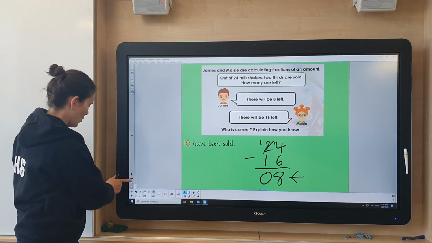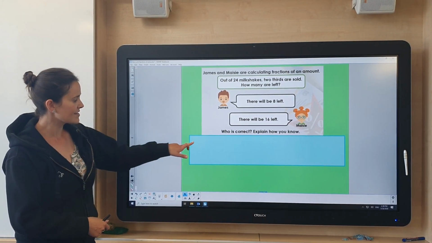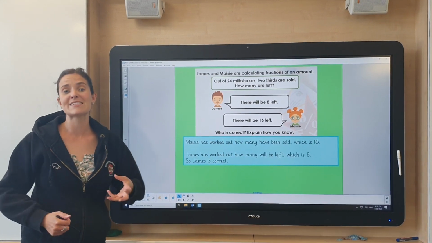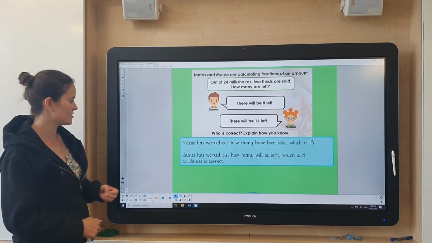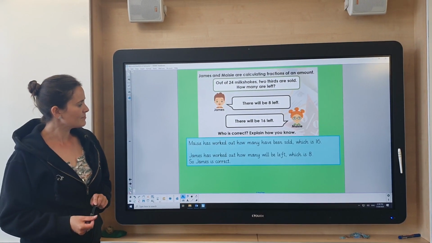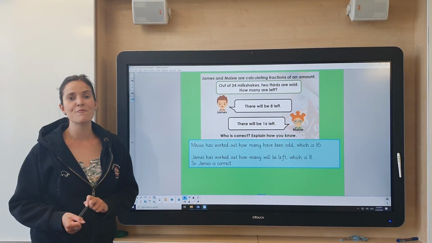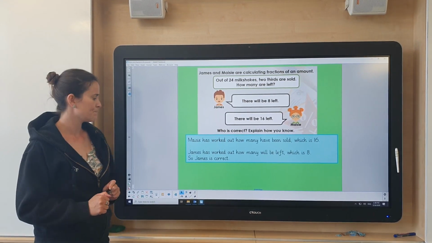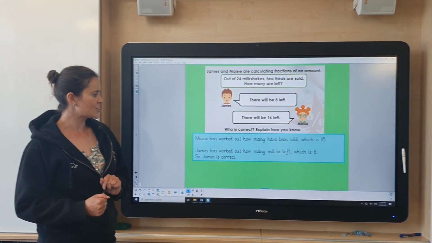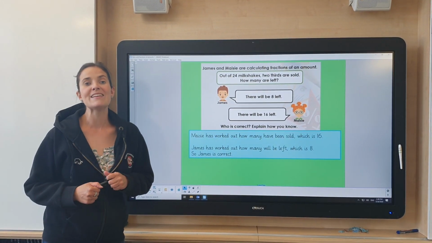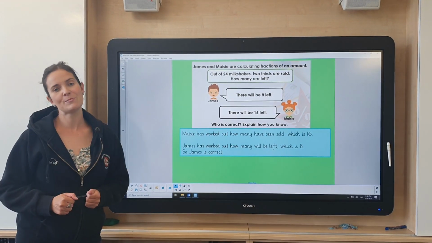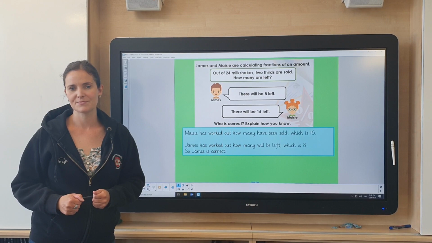So, what I have done underneath here is just put an example of how you could possibly explain the working out. So, Maisie has worked out how many milkshakes have been sold, which is 16. James has worked out how many will be left, which is 8. So James has got the correct answer.